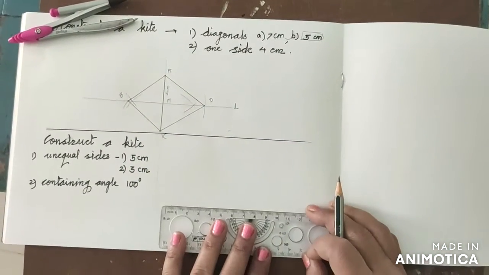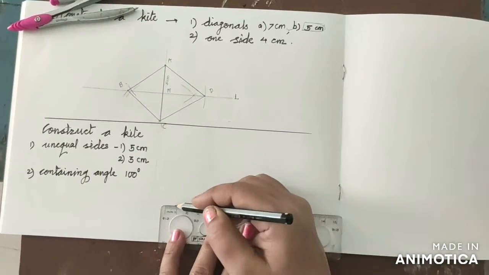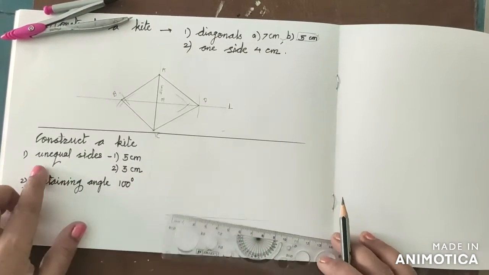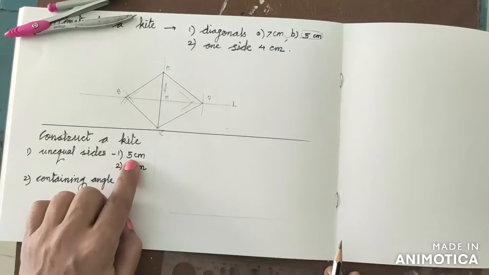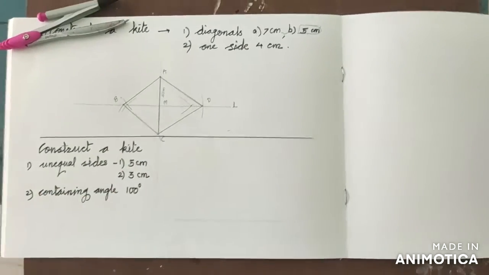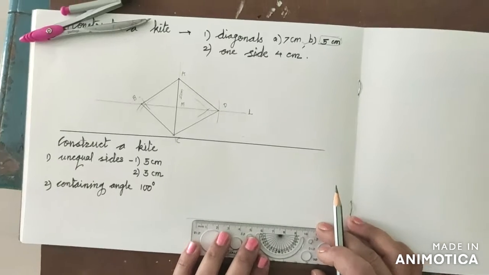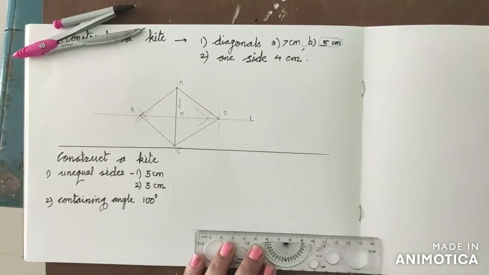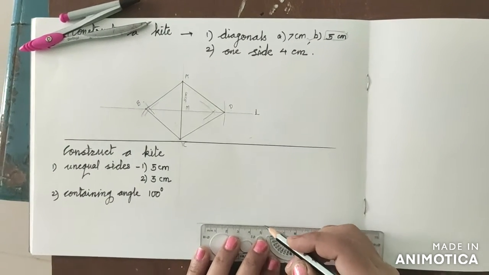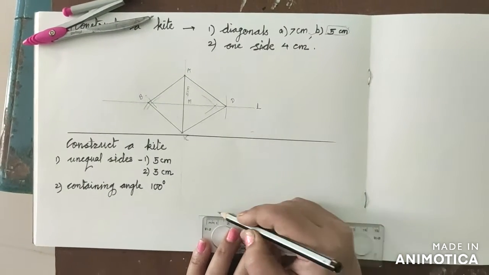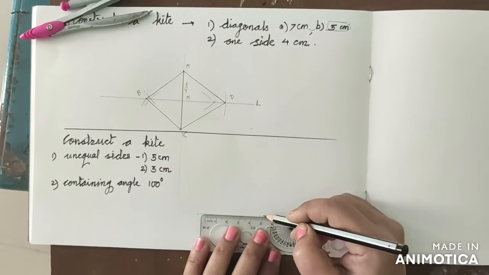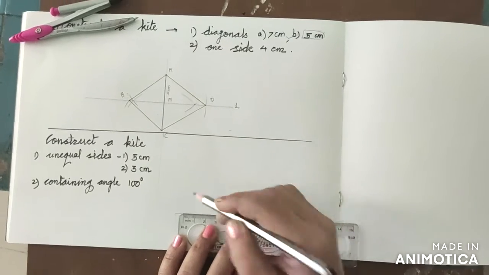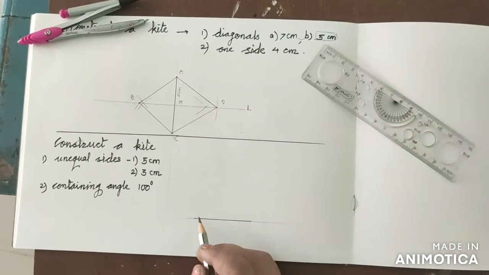Here we have to draw one line again, and if we consider this line as one side of our kite, take 5 centimeter here, in this way.